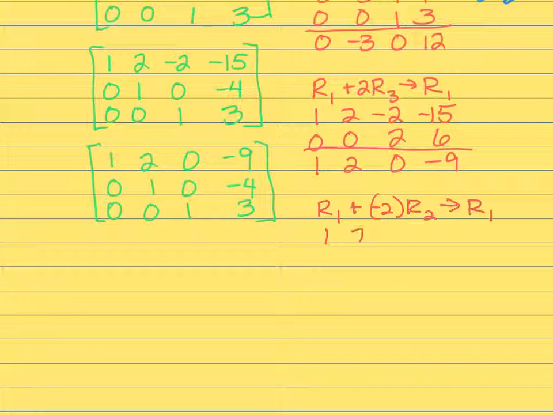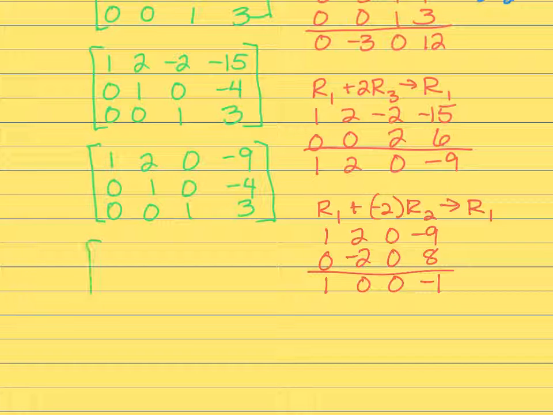So row 1, negative 2 times row 2, and there's our 0 that we want, and a negative 1. And so that's our new row 1. Row 2, and row 3.